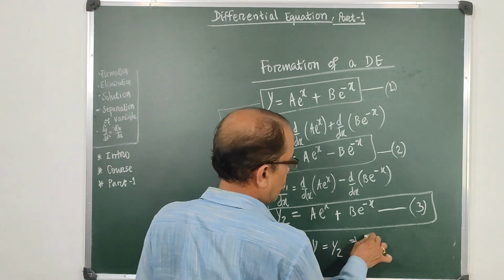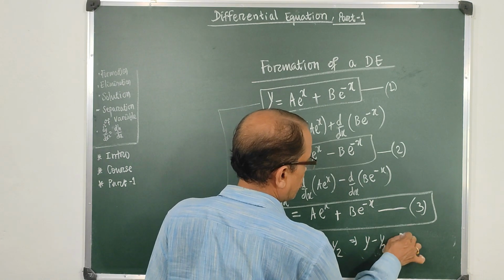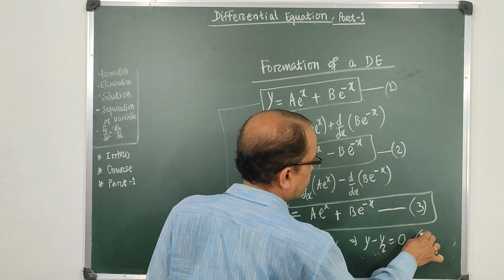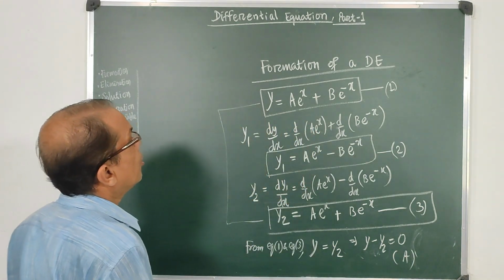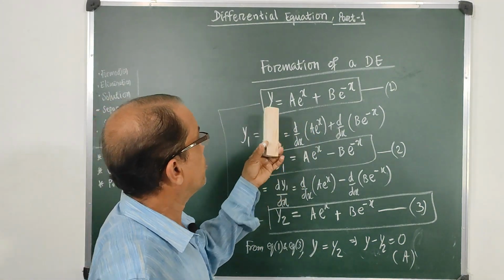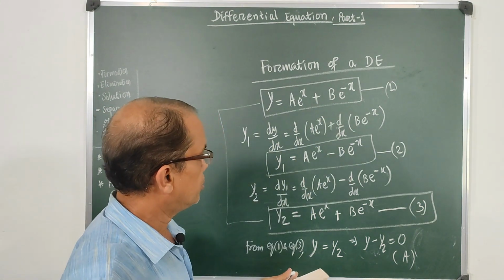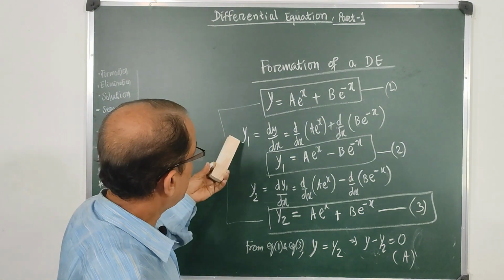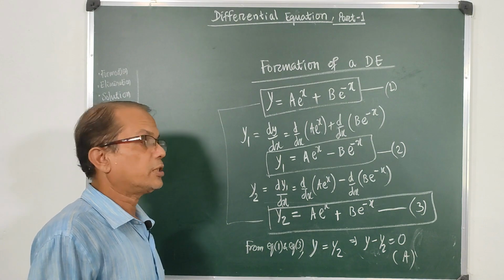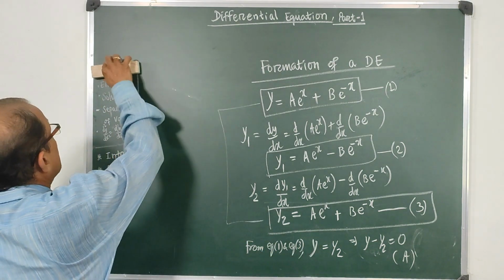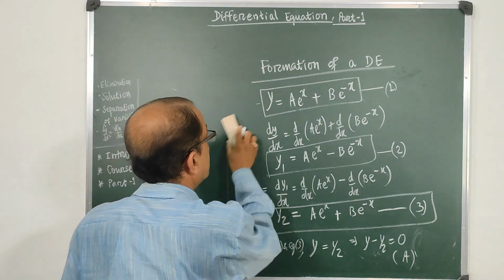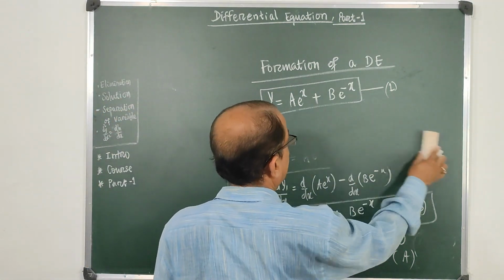That means y minus y2 is equal to 0. This is the differential equation. So to form a differential equation, this is the method, and in this method we are successively differentiating the functions to reach our target. And are all formations done in the same way?